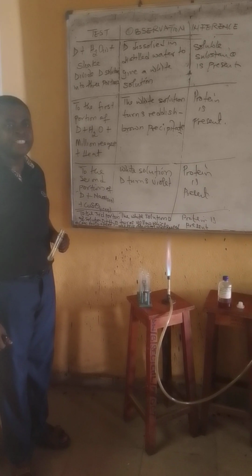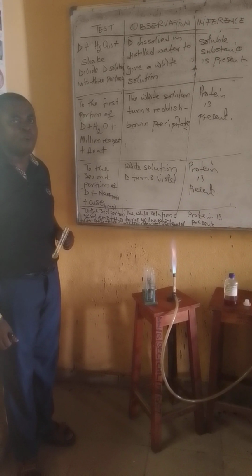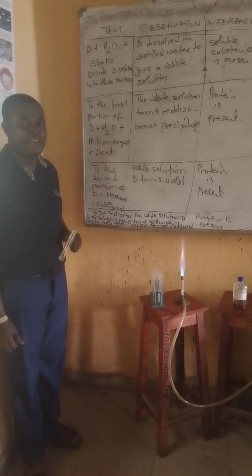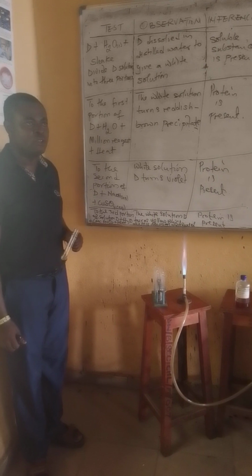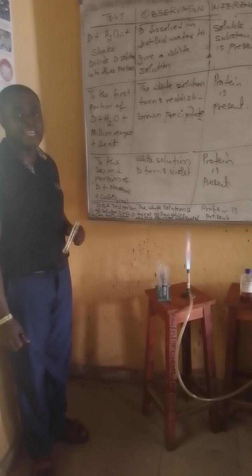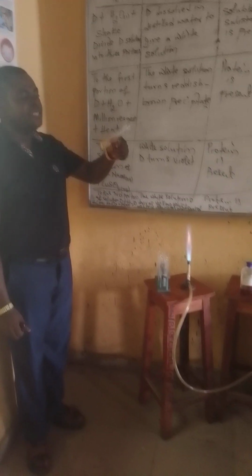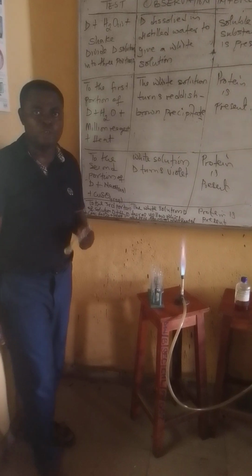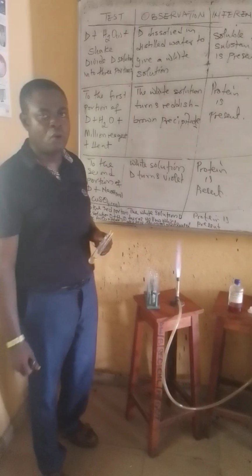The second test is the Biuret test, which involves the use of copper(II) sulfate and sodium hydroxide, and you get a violet color, and that shows protein is present. And the third one is the xanthoproteic test, in which you add conc HNO3 and you get a yellow precipitate which deepens into orange color. So this is the end of it.